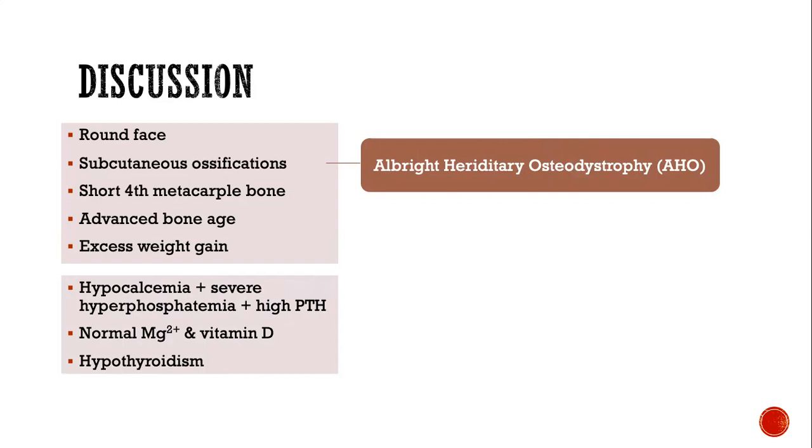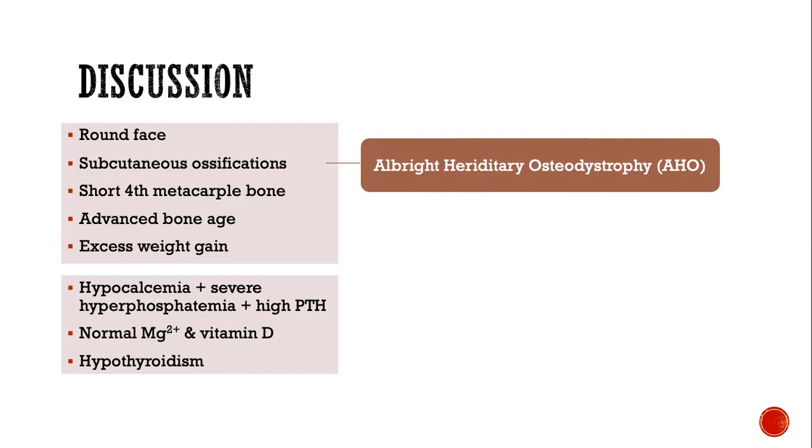Because of these features, we did serum calcium, phosphate, PTH, magnesium, and vitamin D. And the patient had hypocalcemia, severe hyperphosphatemia, high PTH, together with normal magnesium and vitamin D levels. In addition, he had hypothyroidism.